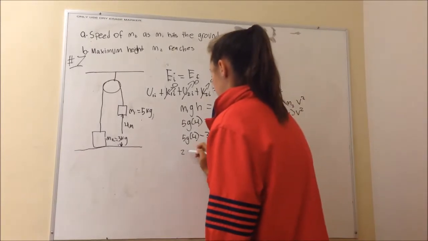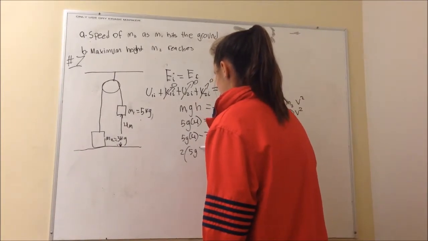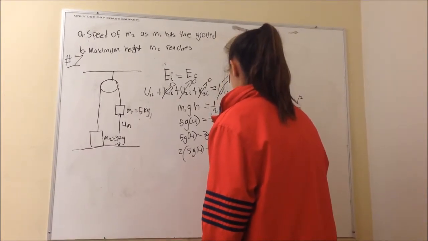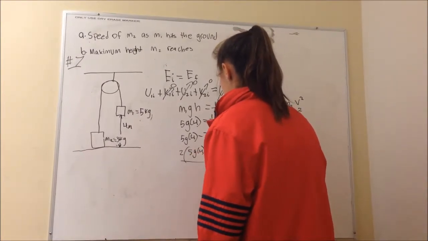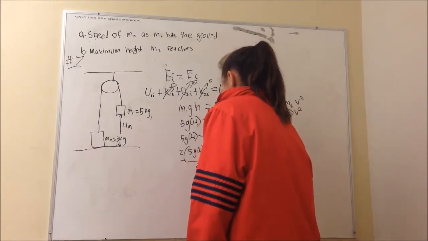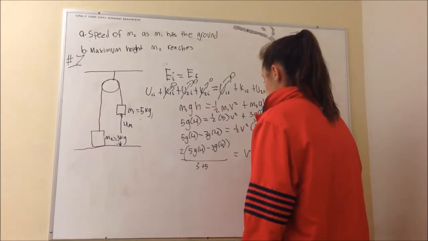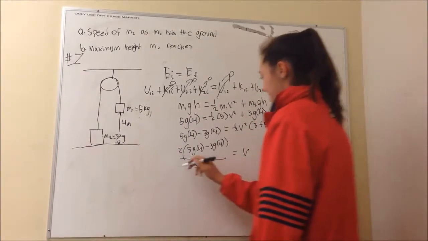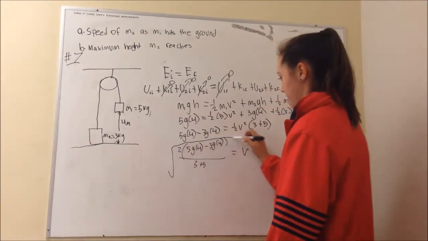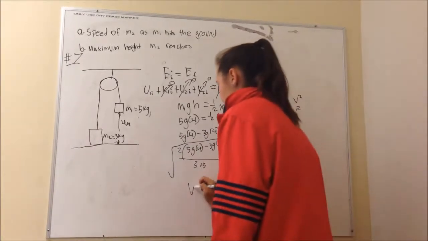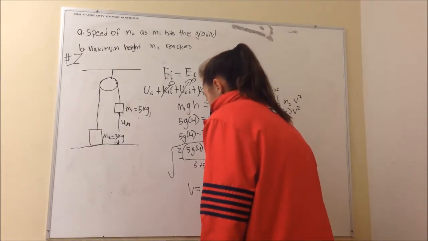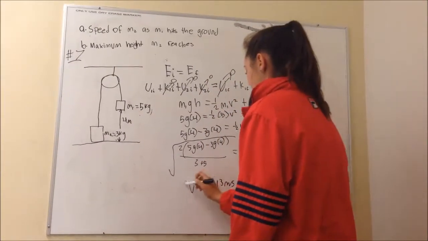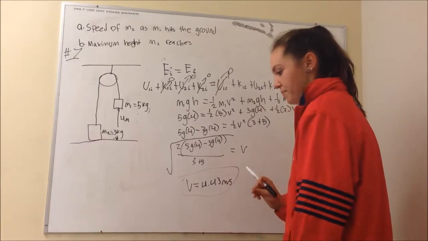Okay, and then we're going to go 2 times (5g times 4 minus 3g times 4) over 3 plus 5 equals v squared, and then to get the velocity we'll take the square root of that. When you solve that out, the velocity equals 4.43 meters per second. So that's part A.